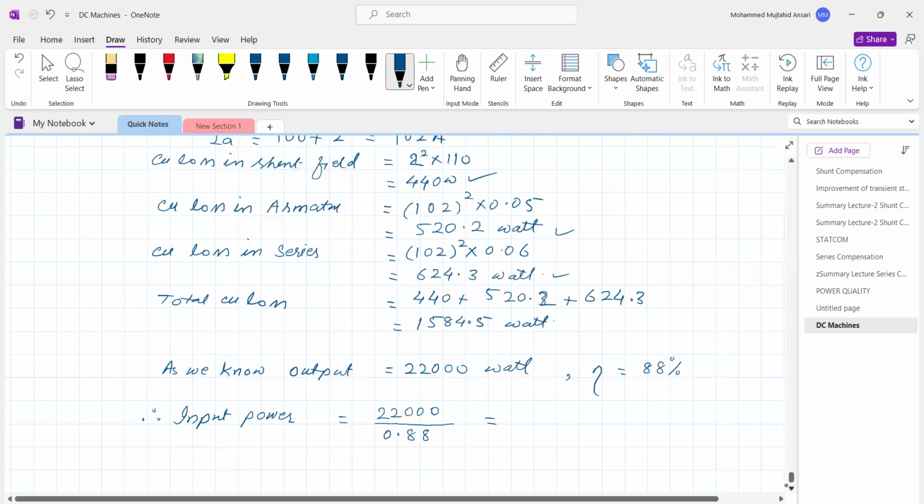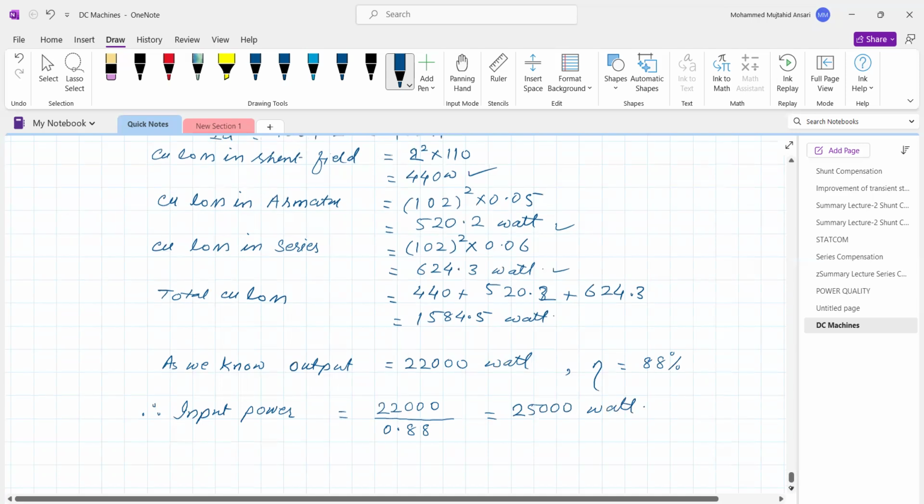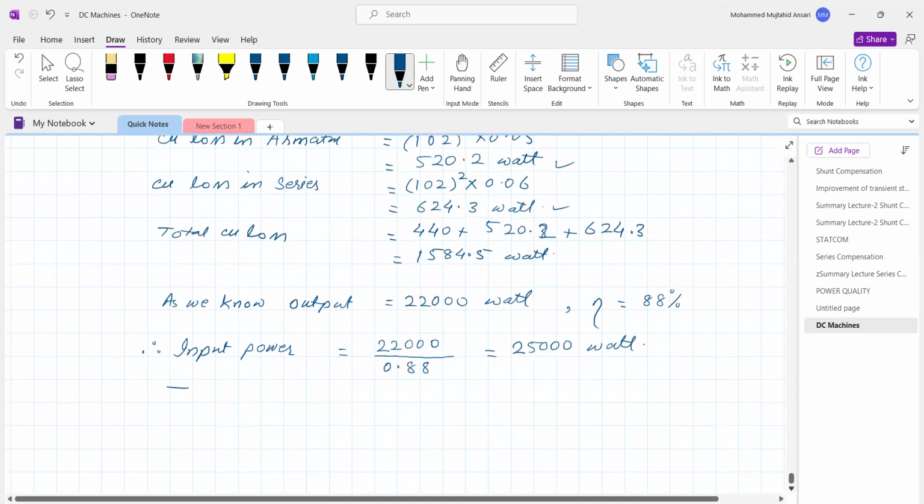It is therefore the input is equal to 25,000 watt. So this is the output, this is the input. The difference of these two values is nothing but the total losses. So total losses is equal to 25000 minus 22,000 watt, and it is equal to 3000 watt, the total loss.